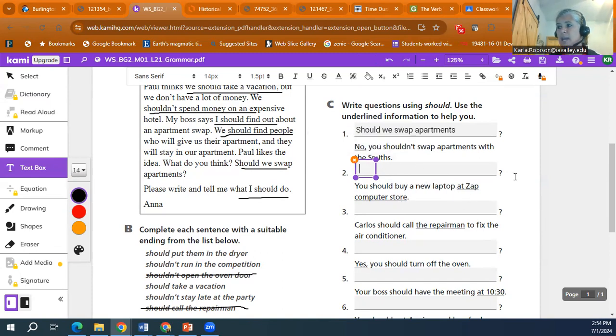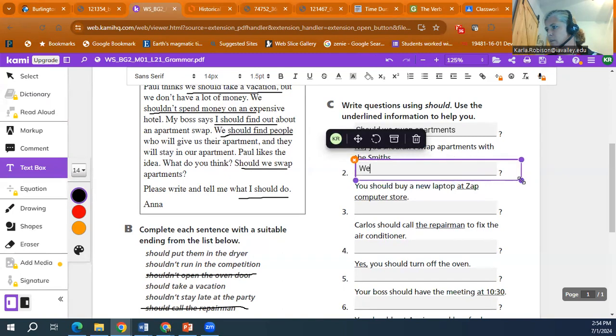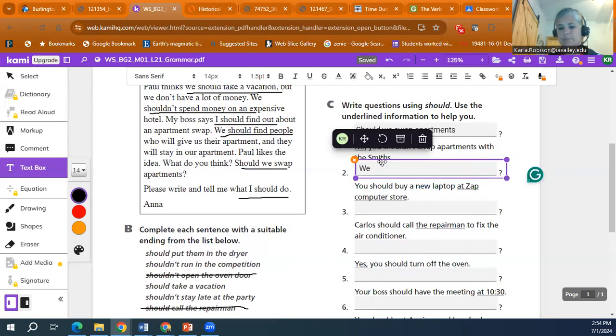And since I have a place, I'm going to start it with where. Oh, it helps to have the bigger box, doesn't it? So where should I buy a laptop? At Zap Computer Store. Okay, so let's look at number 3.